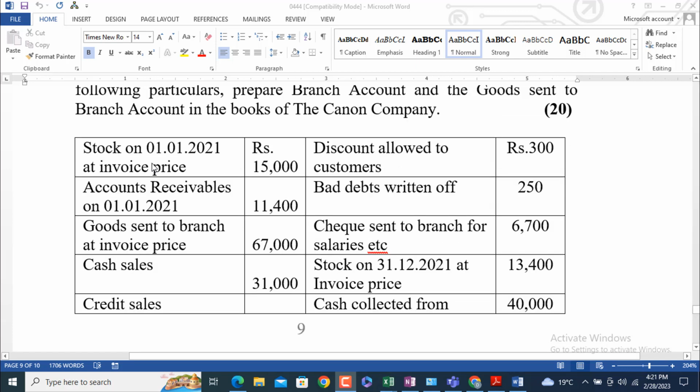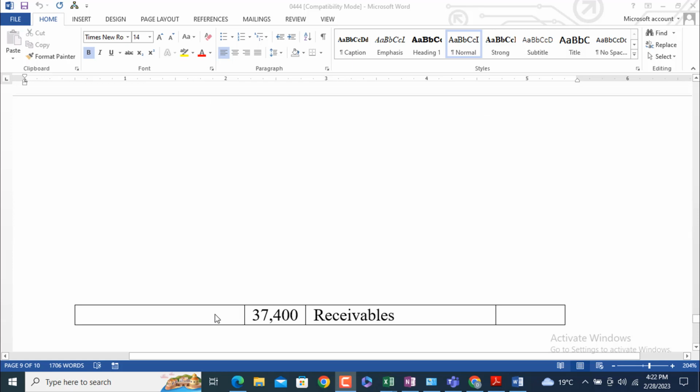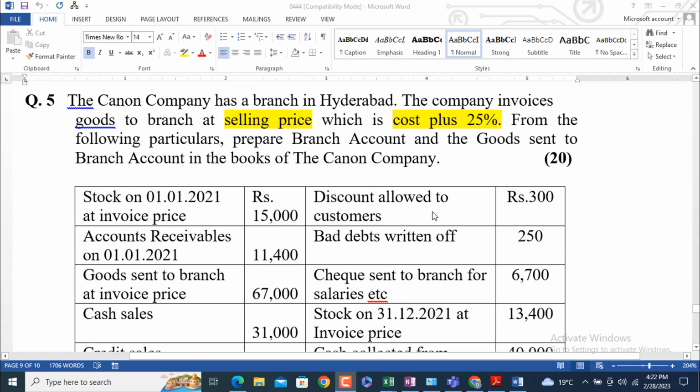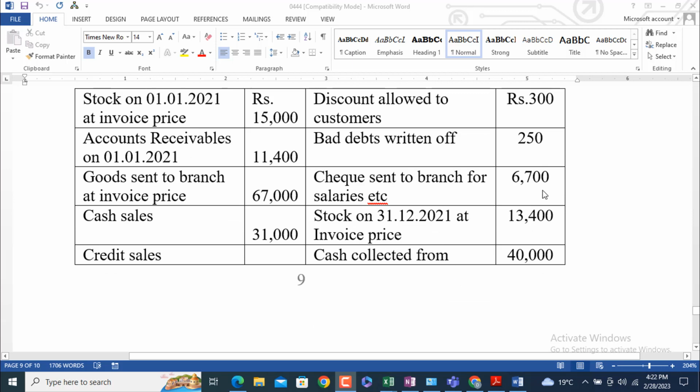Stock on 1st January 2021 at invoice price is 15,000, accounts receivable is 40,000, goods sent to branch at invoice price 67,000, cash sales 31,000, credit sales given as 37,400, and discount allowed to customers rupees 300, bad debts written off 250, cheque sent to branch for salaries and branch expenses 6,700, stock on 31st December 2021 at invoice price 30,400.